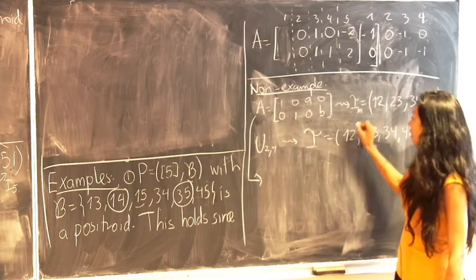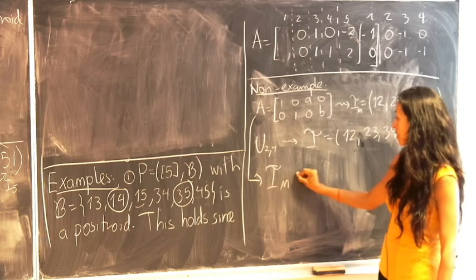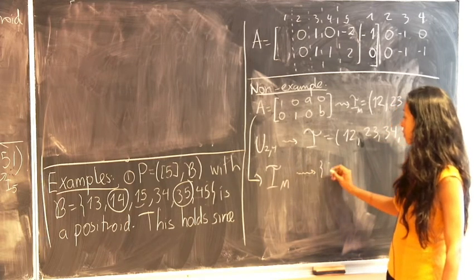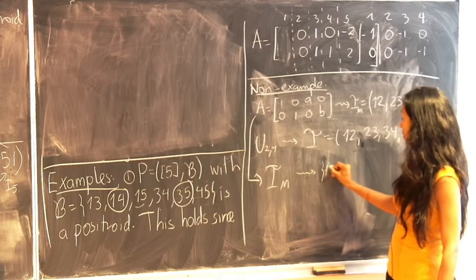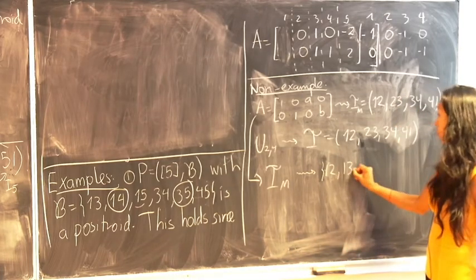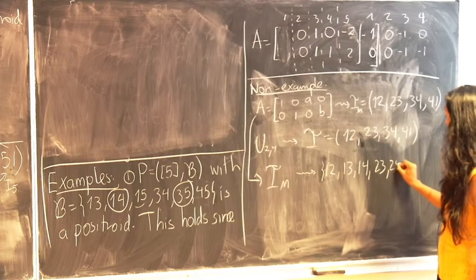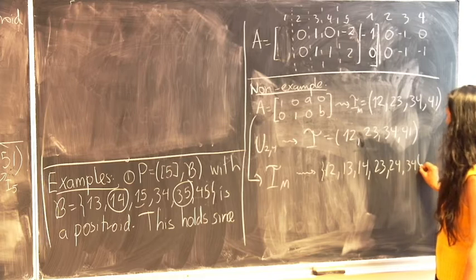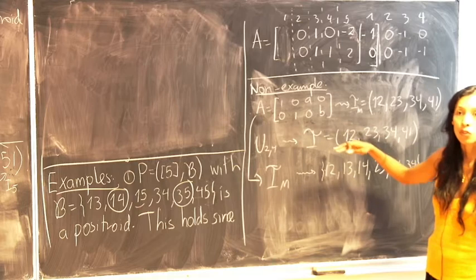So let's call it I sub m. I sub m gives rise to all the subsets of size 2 out of the set of size 4. And we know this is not the collection of bases of my original matroid, so that's what happens.